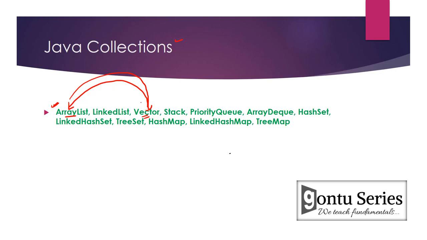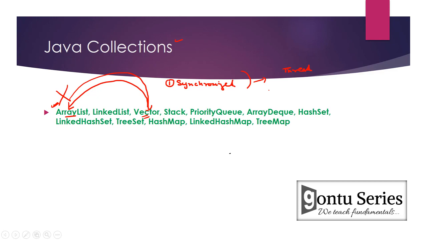The only important difference between an array list and a vector is that a vector is synchronized and an array list is not synchronized. Now what does the word synchronized mean? This is something you're going to learn in the sessions on threads.